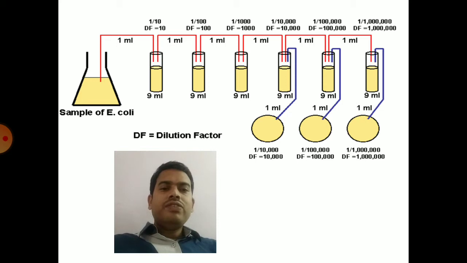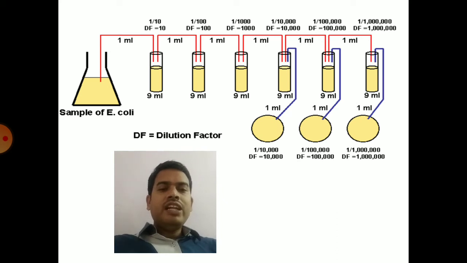If you go on transferring 1 ml from each test tube to the next adjacent test tube, then you will get 1:1000 dilution factor, 1:10,000, 1:1 lakh, 1:10 lakhs, which is shown in the above figure. So that is the dilution factor.